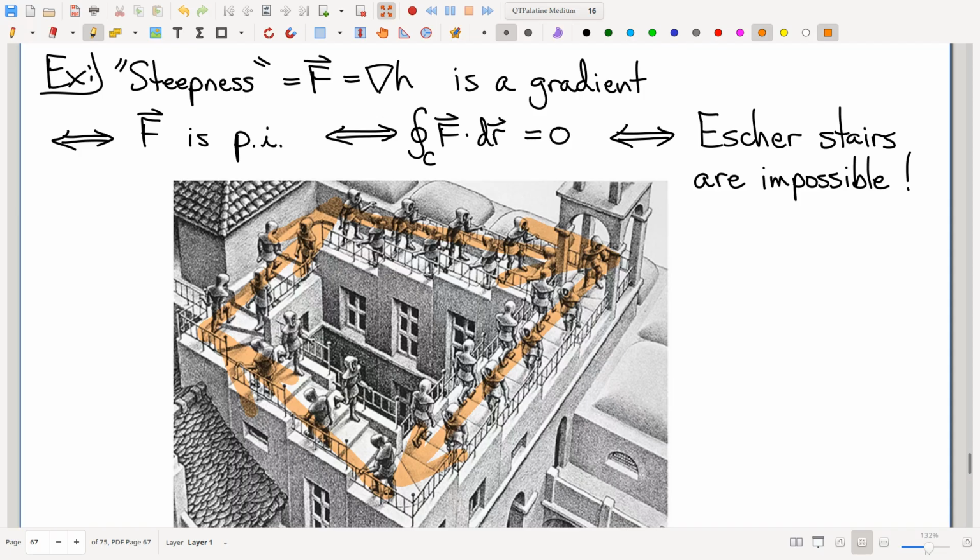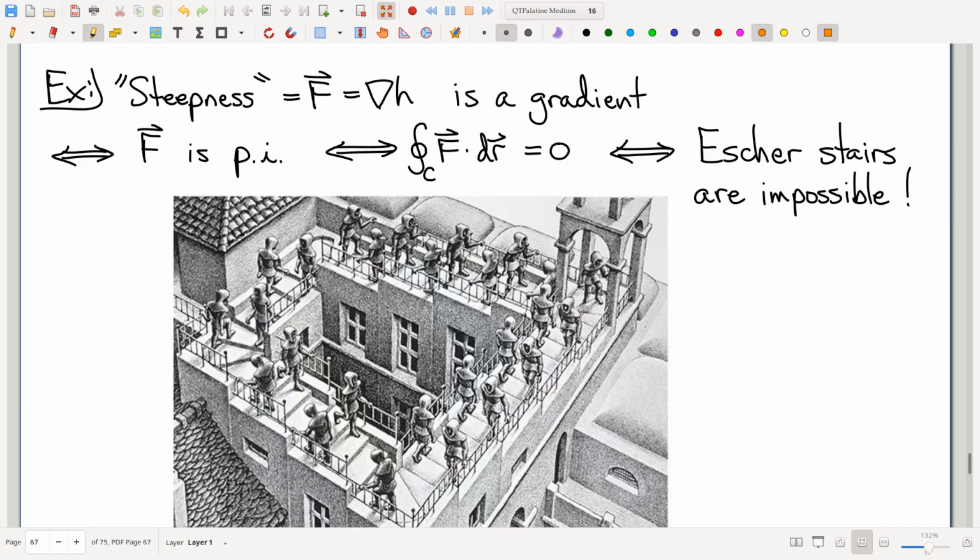Okay, well, I'll say that our reaction to that illusion is really just reflecting how we all, on some level, have a natural intuition for this idea of path independence. In particular, that when you go around in a loop, you come back to the same place.